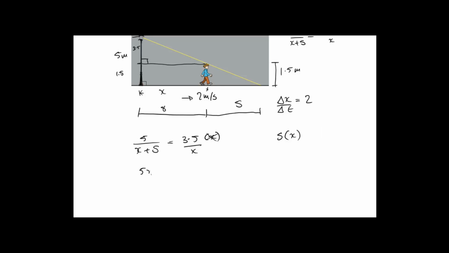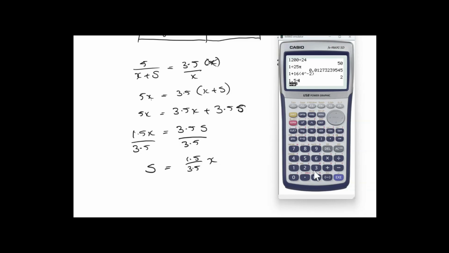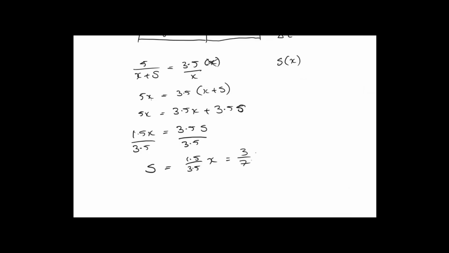So we've got 5x equals 3.5x plus 3.5s, so 1.5x is going to be equal to 3.5s, which means that when we divide both sides by 3.5, s is going to be equal to 1.5x over 3.5. I should be able to work this out pretty easily: 1.5 divided by 3.5, I think that's 3 over 7. So s is equal to 3 over 7 x.